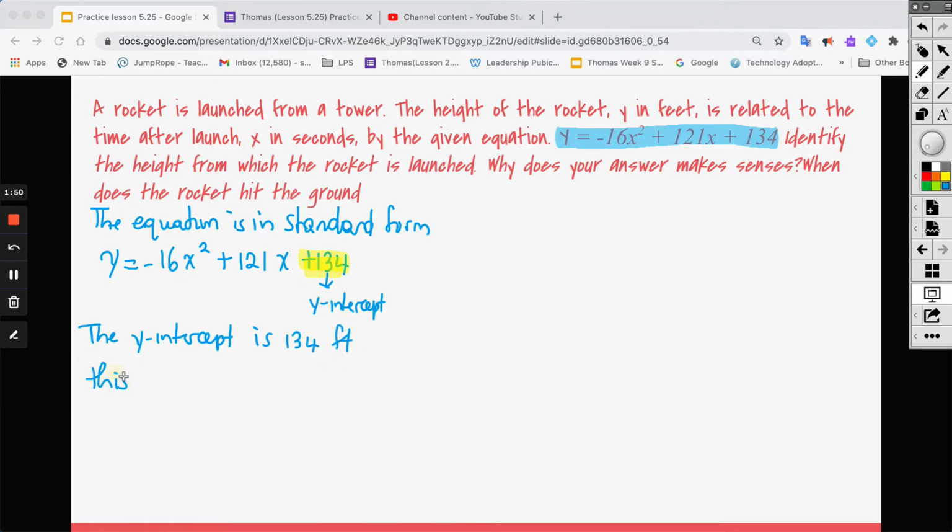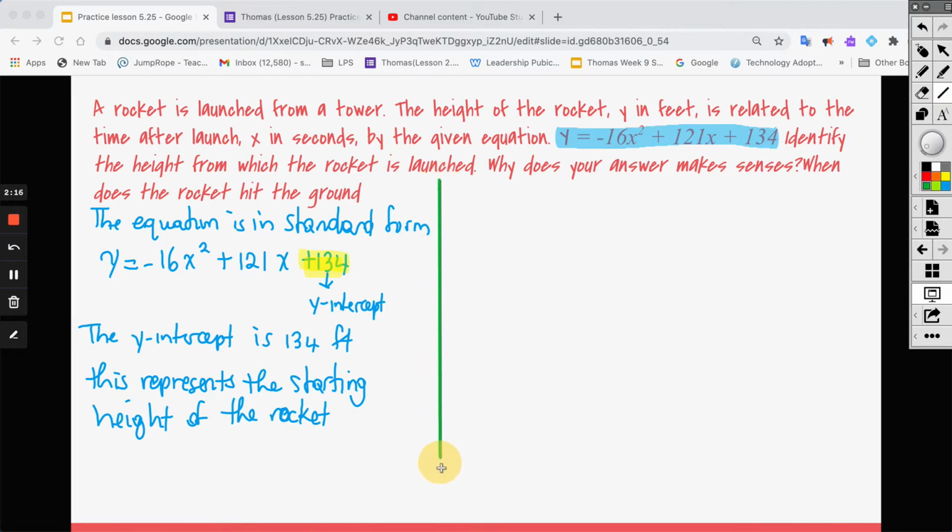This represents the starting height of the rocket. So that's the first part of what we want to do.